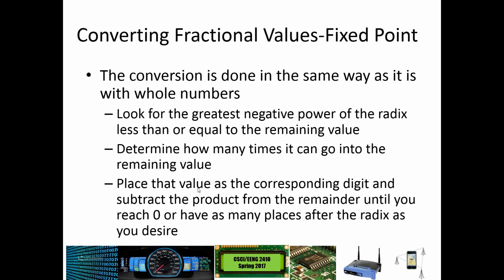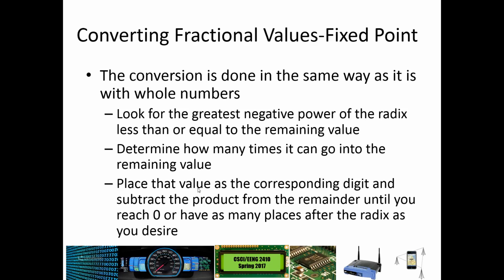And so, if we wanted to convert fractional values into fixed point binary representation, it follows from the first procedure that we talked about for converting whole numbers from decimal into binary. You can do the whole number part, represent that, then put down your radix point.